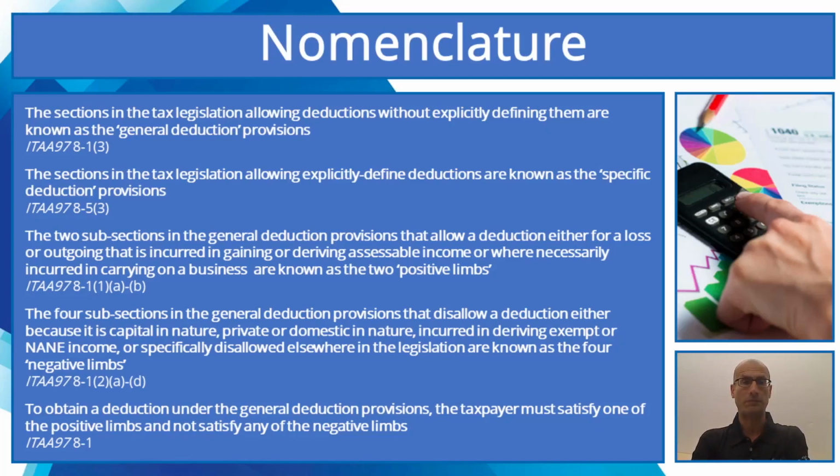And so here, when we use the phrase limbs, we talk about the 2 positive limbs and the 4 negative limbs. That is, if a taxpayer can prove either of the first 2 limbs, that's necessary, but it's not sufficient in order to gain a deduction under the general deductions provision.